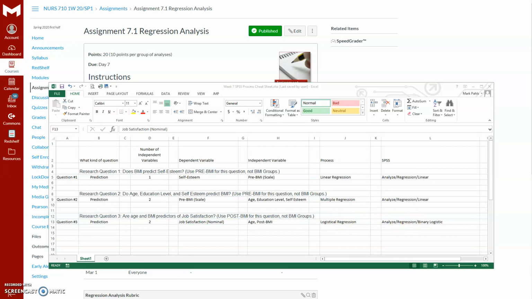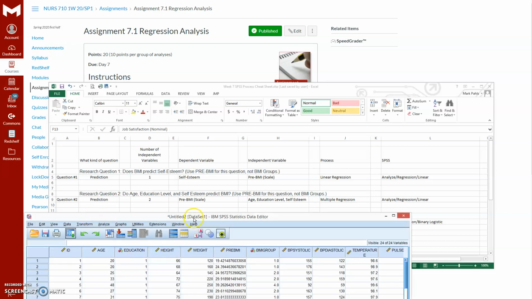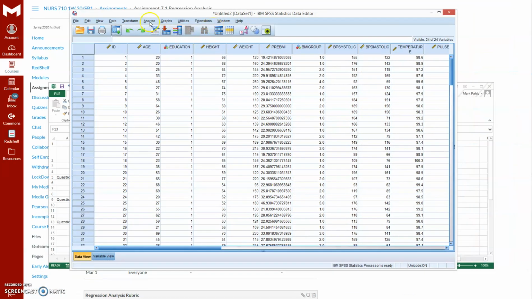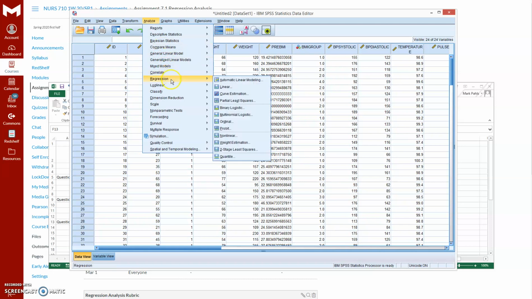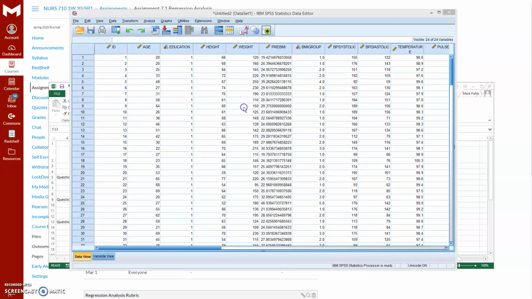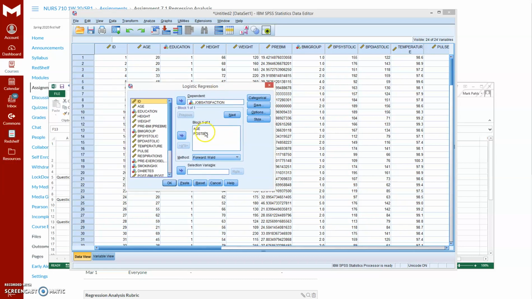So here's how we go about this. We are going to go analyze, regression, binary logistic. Enter your two independent variables here and your dependent variable here.